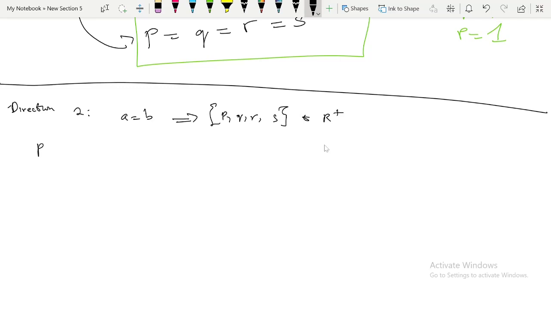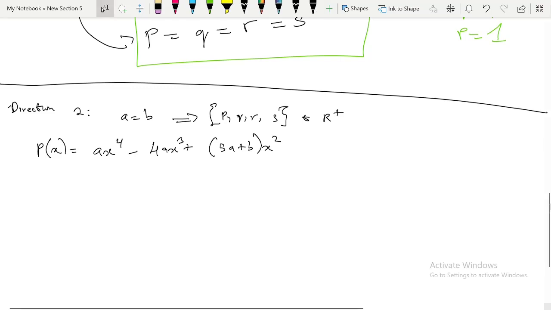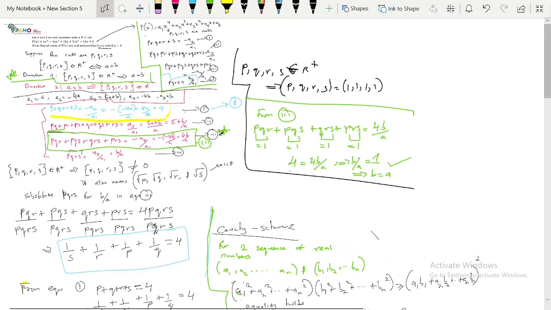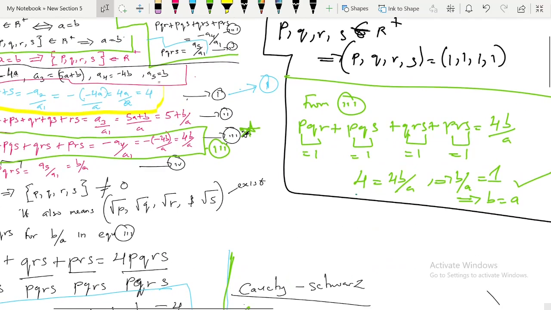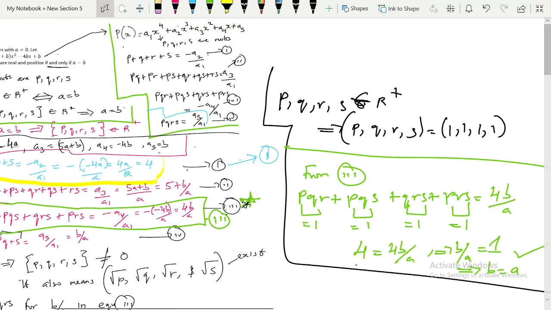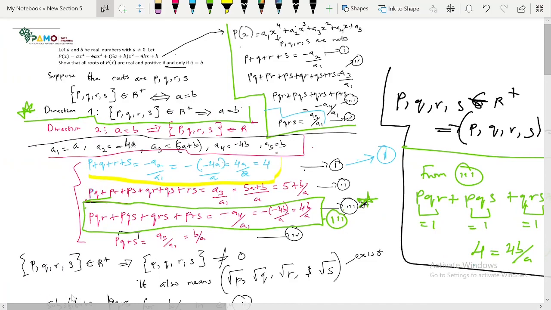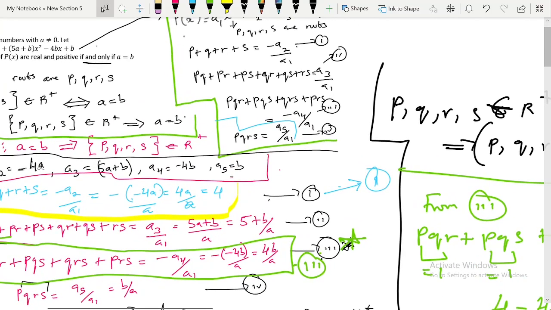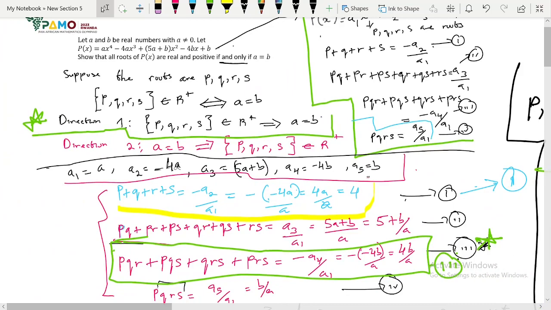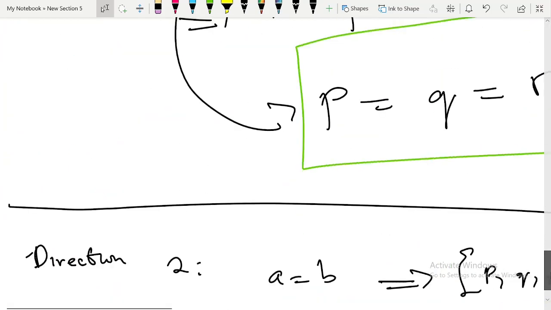So you just write your P of X out again. We know P of X is, I think it was, AX to the power 4 minus 4AX cubed plus (5A plus B)X squared minus 4BX plus B, right?